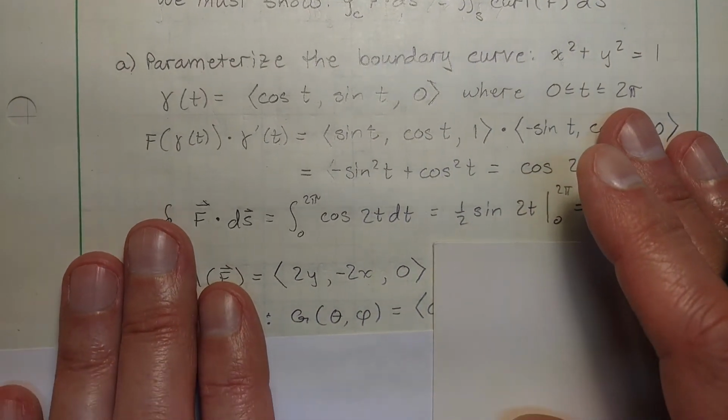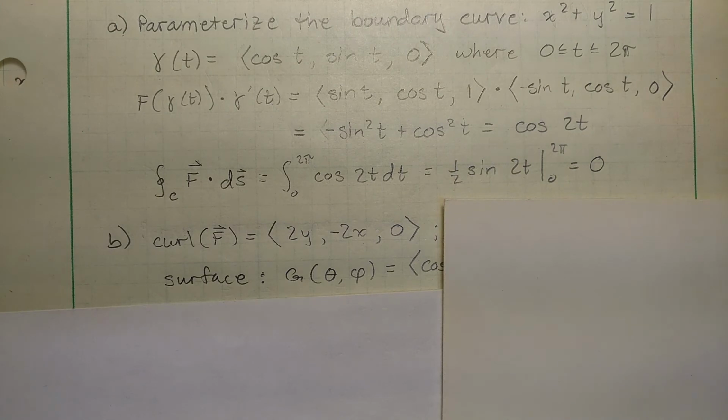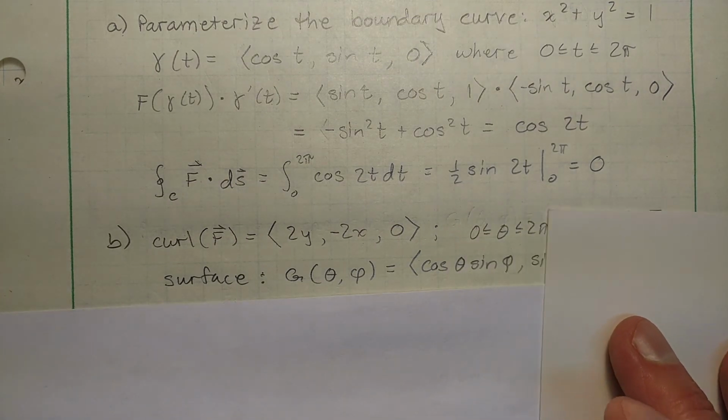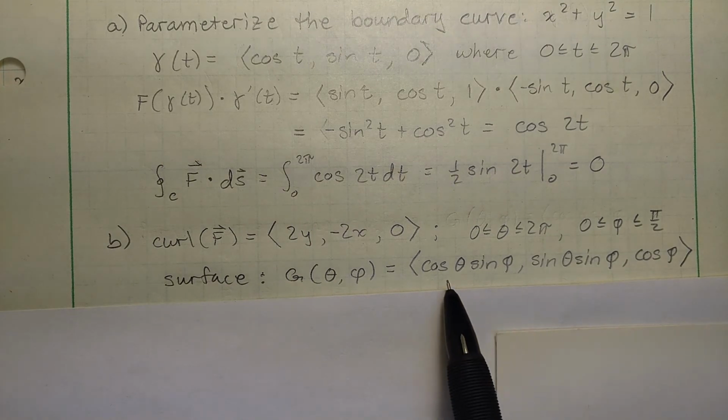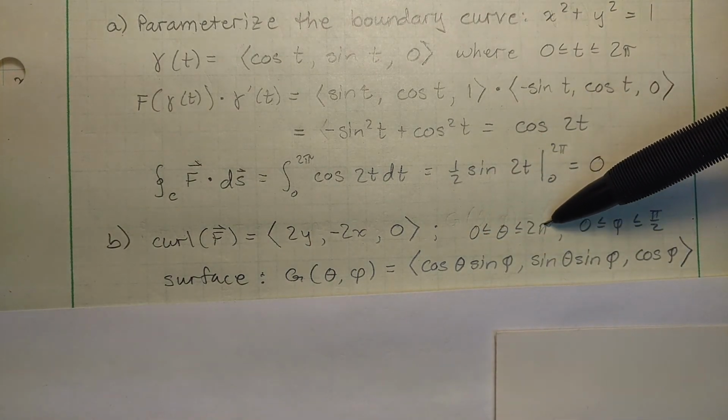Just like we parameterized the boundary curve, now we have to parameterize the surface. In this case, it's a sphere, so we're going to use spherical coordinates. The r is not varying, so we can just go ahead and use our theta and phi. So we know that we've got our surface parameterized like this. And we know we're going between 0 to 2 pi for theta.